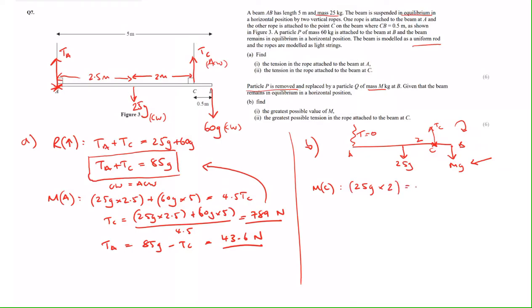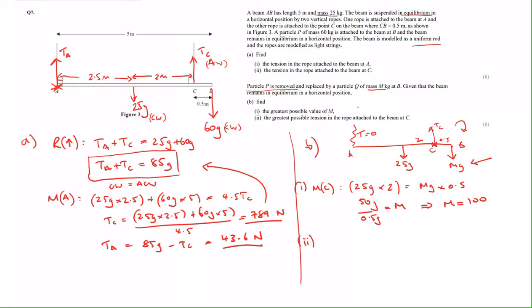And that's equal to the clockwise moment, mg times the distance here, which is 0.5. So if we rearrange that, we can find out what m is. m is 100. So that's part I.